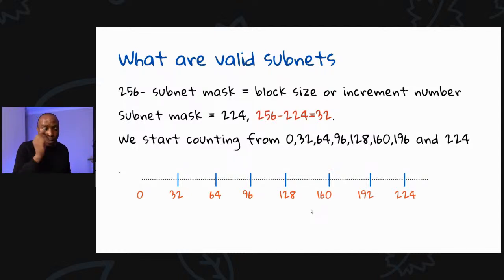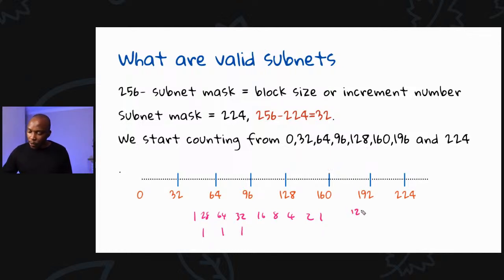We borrowed 3 bits. So the 3 bits that we borrowed are into the next octet. From the left going to the right, it's 128, 64, 32, 16, 8, 4, 2, and 1. So we borrowed 3 bits, so 1, 2, 3. This is where we put our ones and the rest are zeros.